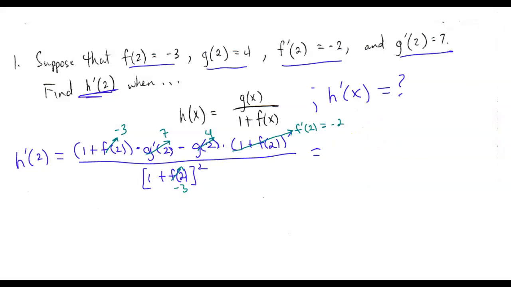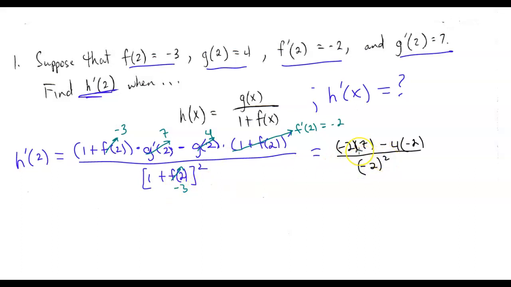Okay. So now that we have all that accounted for here, we'll go ahead and fill in and finish up this particular problem here. So we have 1 plus a -3 is a -2. And -2 times 7 minus 4 times a -2. And all that over here, 1 plus a -3, which is a -2.